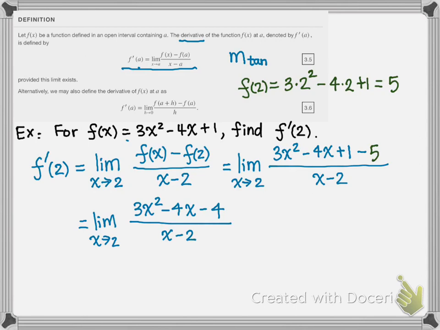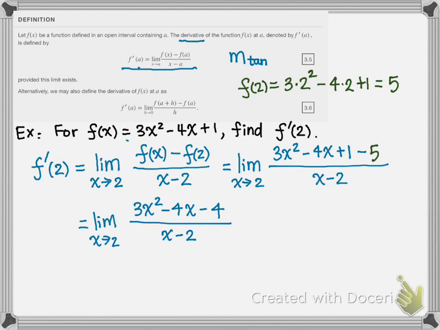Then you might need to use direct substitution, but you will realize that direct substitution doesn't work. It gives you a 0 in the denominator. So you will need to factor the numerator. So how do we factor the numerator?